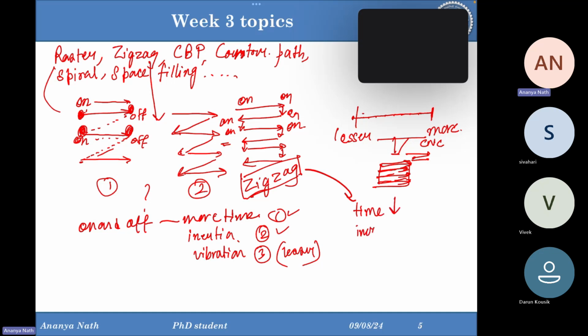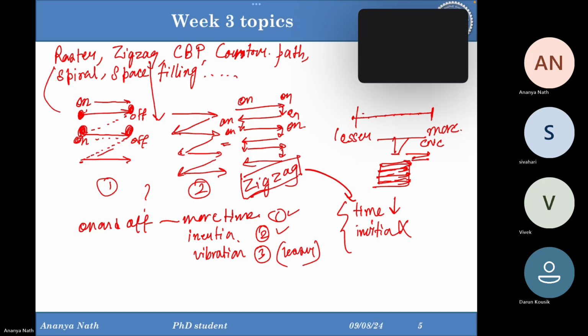Again, the inertia problem is solved. There should not be any inertia because continuously the material is depositing and the nozzle is moving. There can be vibration at the time of nozzle movement, but again I have said that is not that much which can interrupt the part. So just leaving away the idea of vibration, these are the main important points between raster and zigzag.